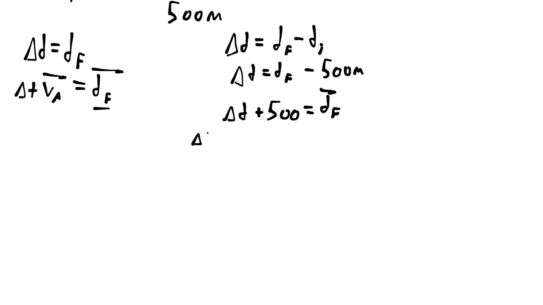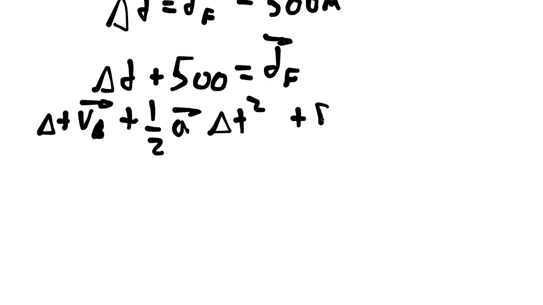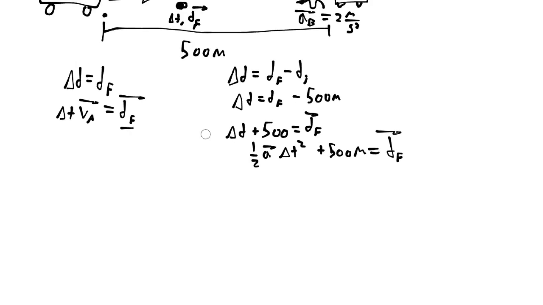So time times velocity, and then plus 1/2 acceleration delta t squared, plus 500 meters equals df. But now there's no initial speed, right? So I'll just take away this, and you will get this right here.